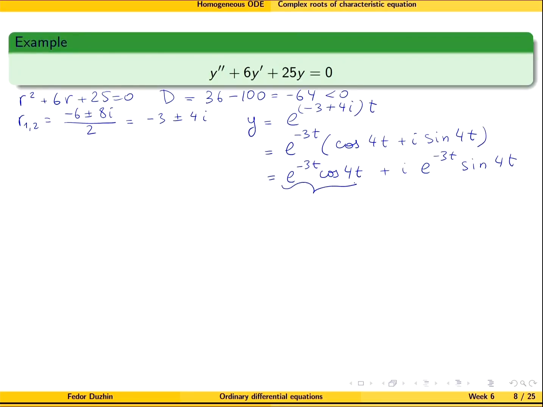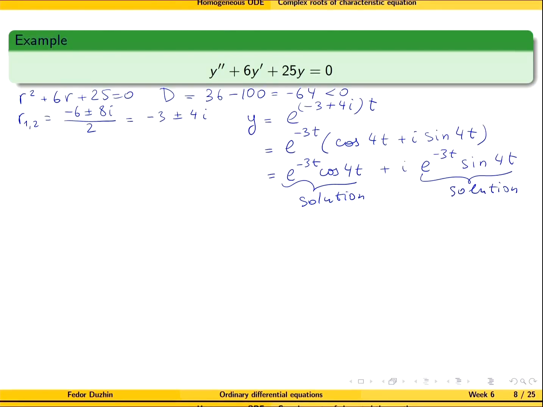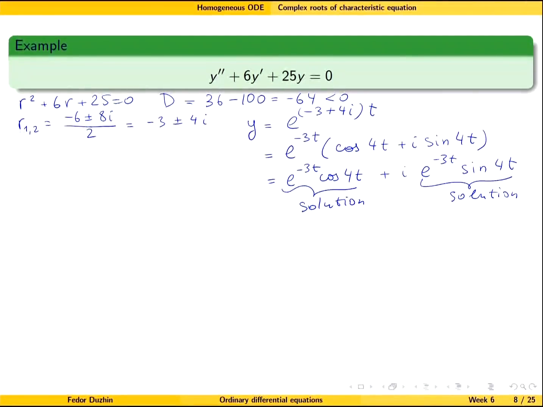This is the real part, and this is the imaginary part, and both of them are solutions. You can probably guess that they are two linearly independent solutions, but let's verify that they are indeed linearly independent.